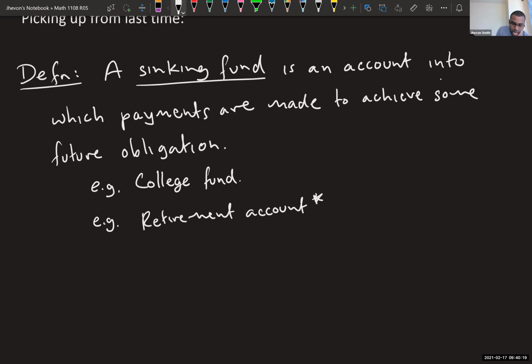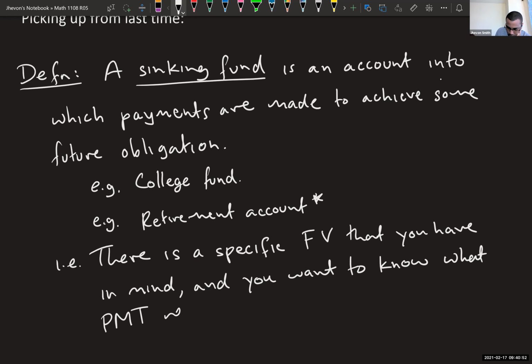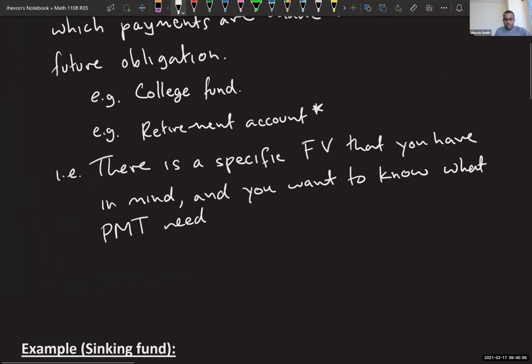Strictly speaking, the thing that makes a sinking fund is that there is a specific future value that you have in mind, and you want to know what your regular payments, what PMT, is needed to achieve that value.